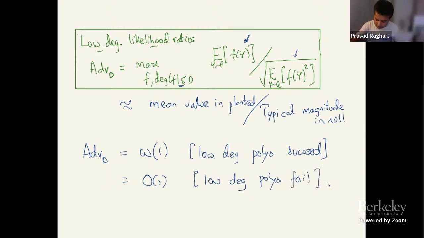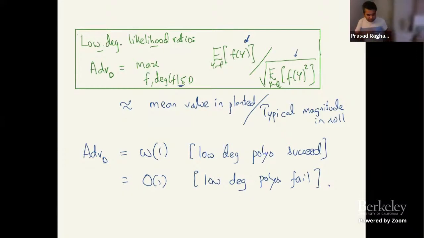This class of algorithms, low degree polynomials, is such a nice continuous compact set of algorithms that you can actually search over it and define this quantity.